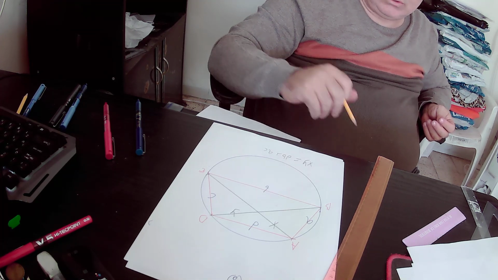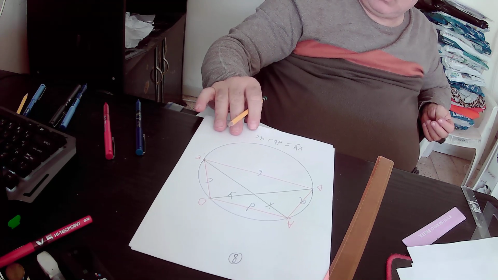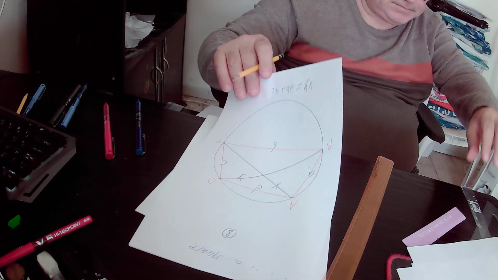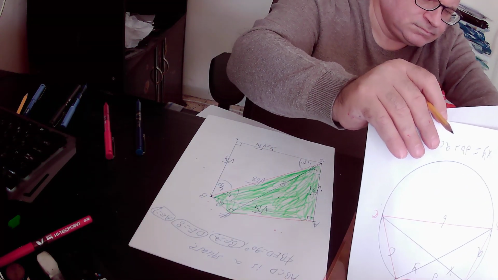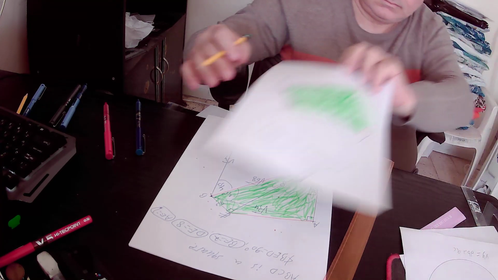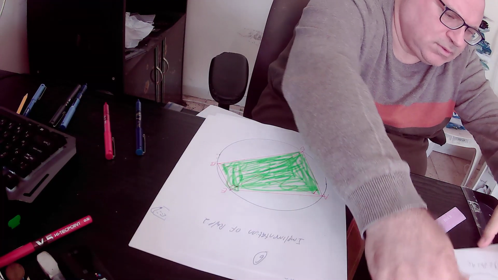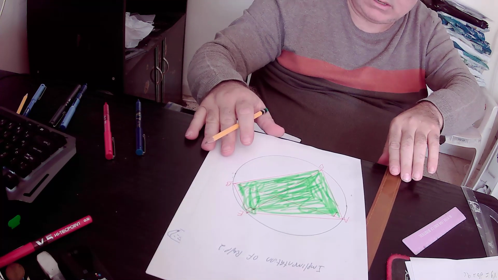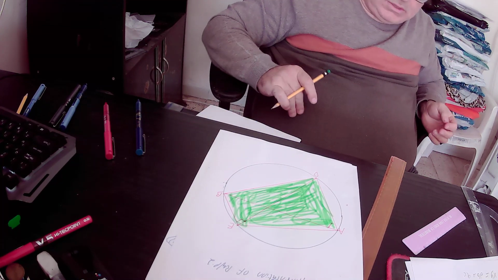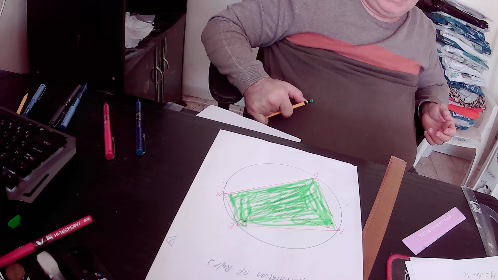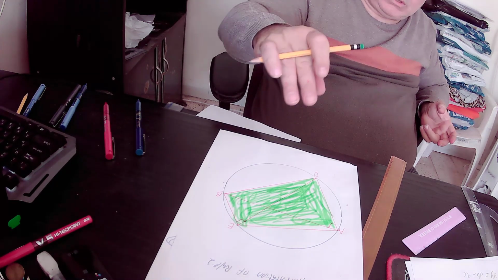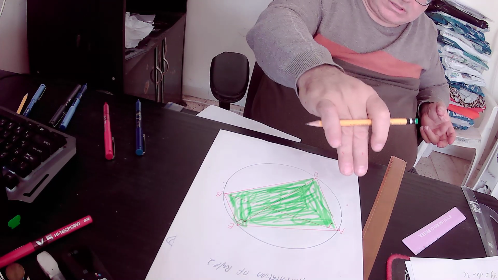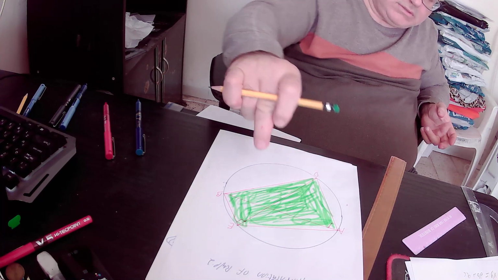Okay, so we actually can implement rule number 3 in our drawing. Whenever we have a quadrilateral that is inscribed by a circle, we can implement rule number 3. So we have here the green quadrilateral AEBD that is inscribed by the blue circle.